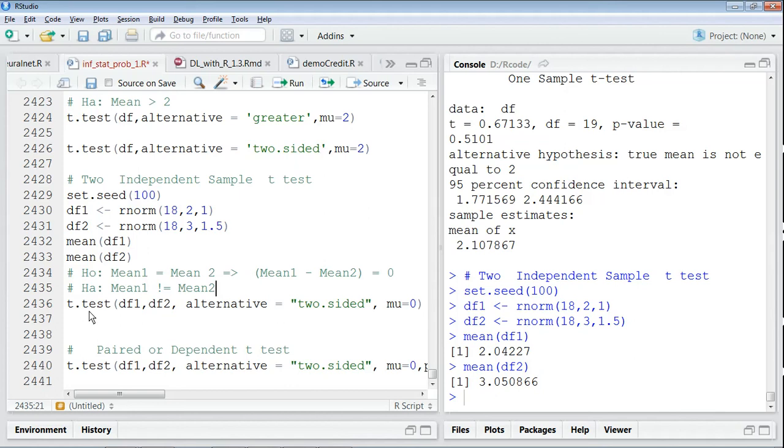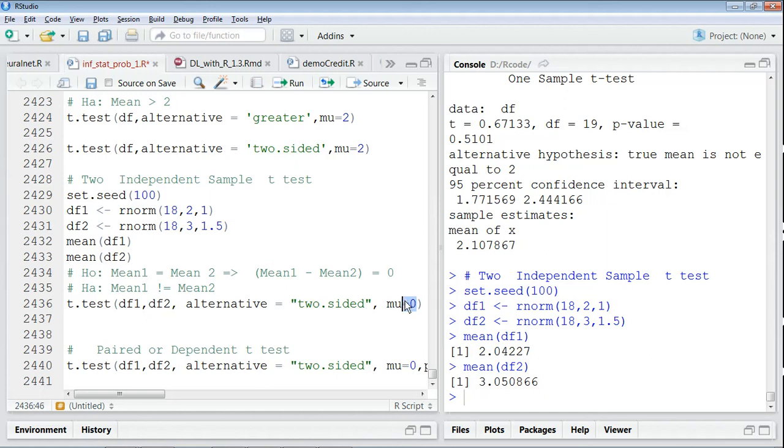So this is the one: alternative equal to two-sided, because your alternative hypothesis is not equal to, and mu is equal to 0. Why mu is equal to 0? Because mean 1 minus mean 2, the first sample mean minus the second sample mean, is equal to 0, because there are no differences between these two. That's what we hypothesize. So the hypothesized mean value is 0 in this case.